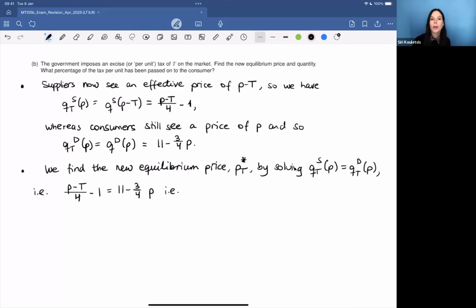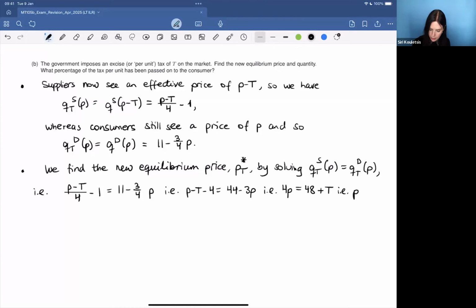The first thing we can do here is to multiply both sides of this equation by 4 in order to get rid of the fractions. Then we rearrange this. We get 4P on the left-hand side, and then we get 48 plus T on the right-hand side.